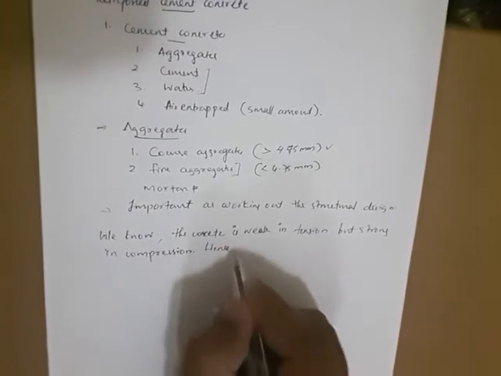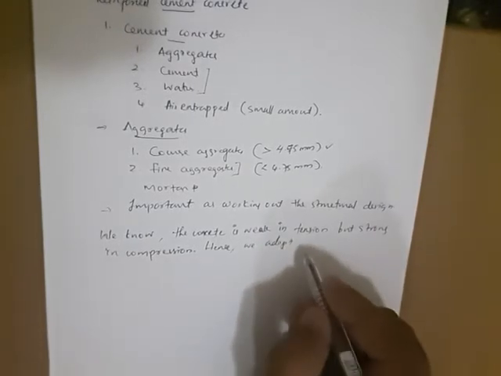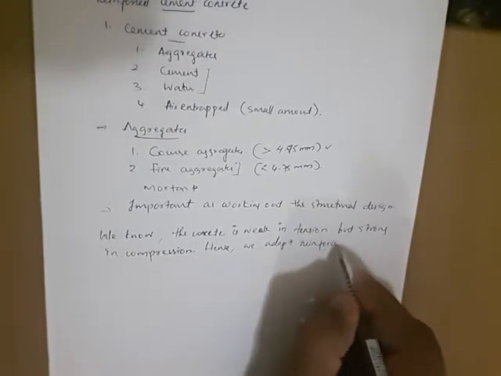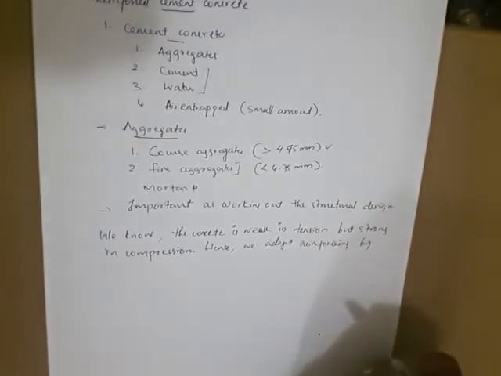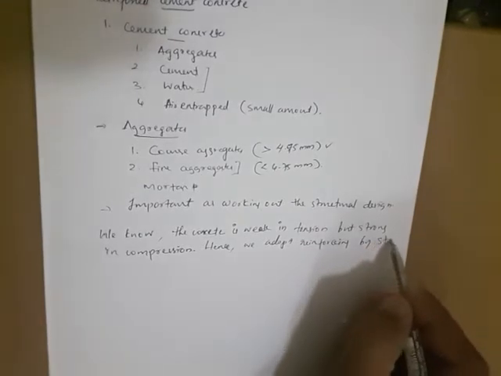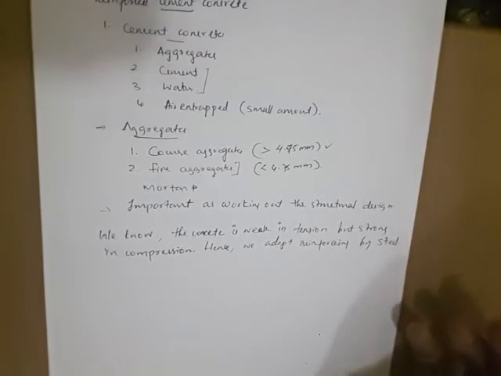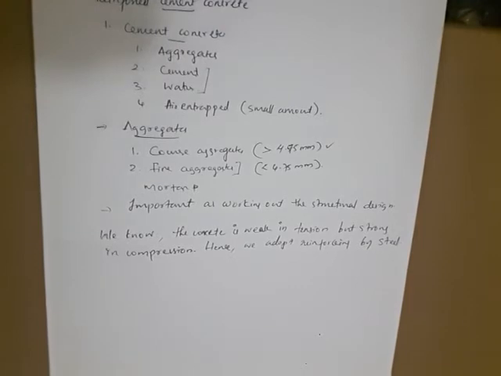Hence we adopt reinforcing by a material which will be strong in tension also, like steel or fiber or something else. This method will be effective in strengthening the weakest point of the concrete also.